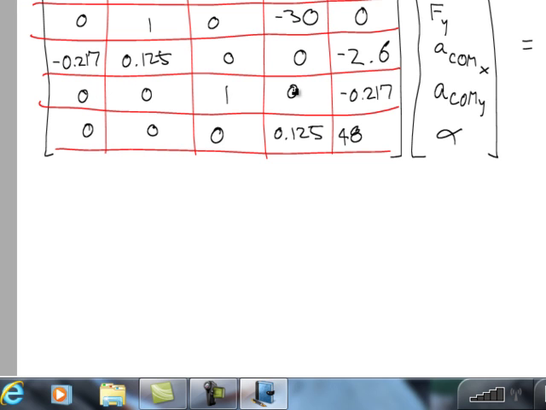So we have, for the last row, 0, 0, 0, 1, 0.125.